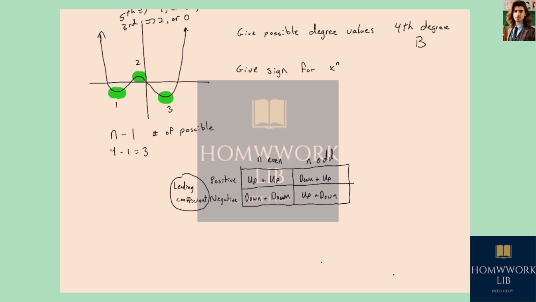And now let's move on to what the sign is on that leading term. And I gave you a table here to help understand it. The sign on the leading coefficient, if it's positive, we see what is called a certain end behavior.